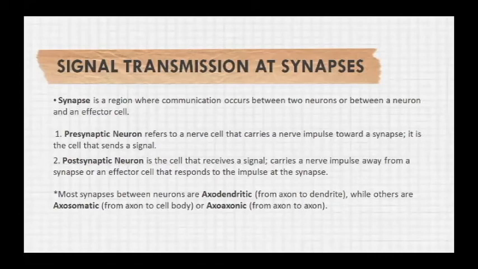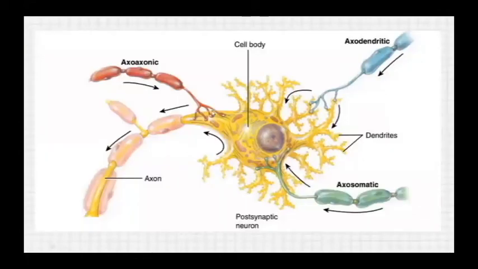Most synapses between neurons could be axodendritic, meaning from axon to dendrites, while others are axosomatic, meaning from axon to cell body, and axoaxonic, meaning from axon to axon. So when we look at this picture, the large neuron here is a postsynaptic neuron. In this picture, you could see the three kinds of synapses.